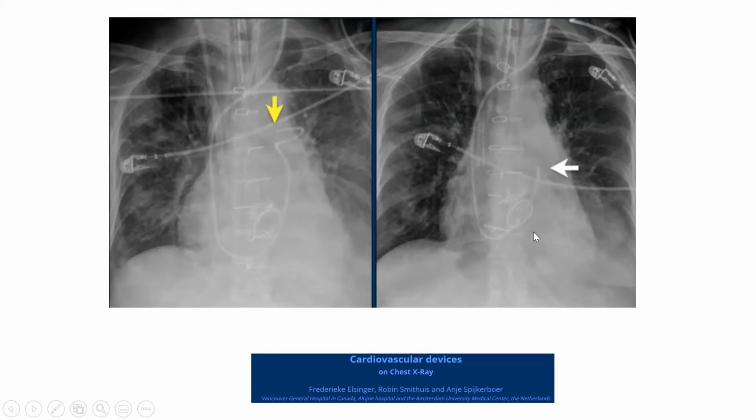Because you request a chest X-ray after you put in the Swan-Ganz to decide about the correct positioning. But the hemodynamic tracing also gives you an idea if you are properly positioned or not. But the chest X-ray is also important. This one is going into a branch lobar pulmonary artery, which is wrong.